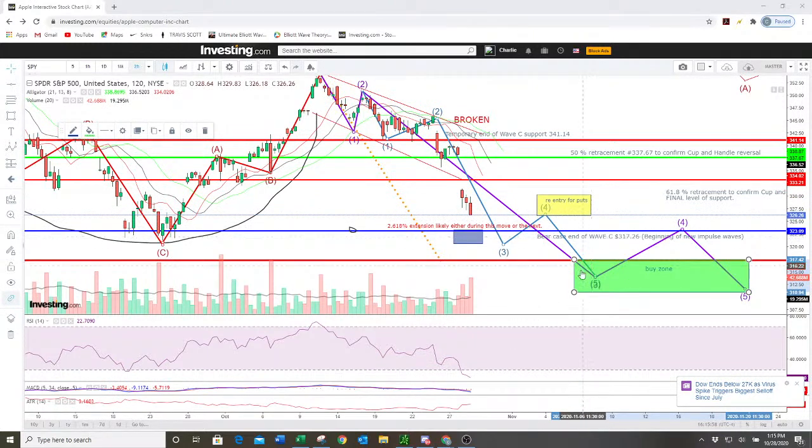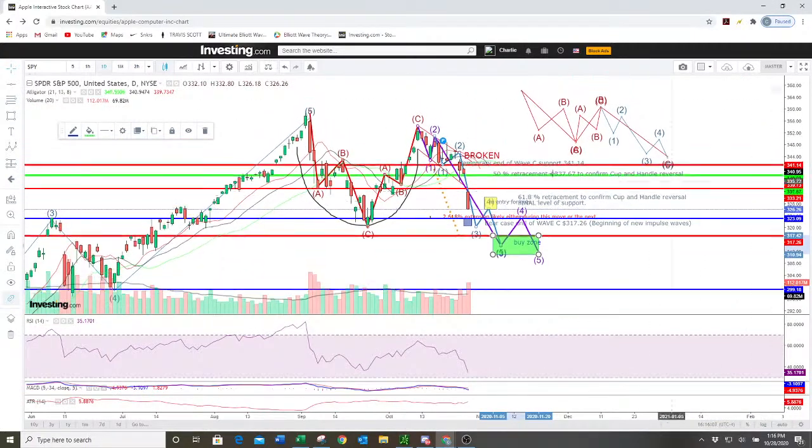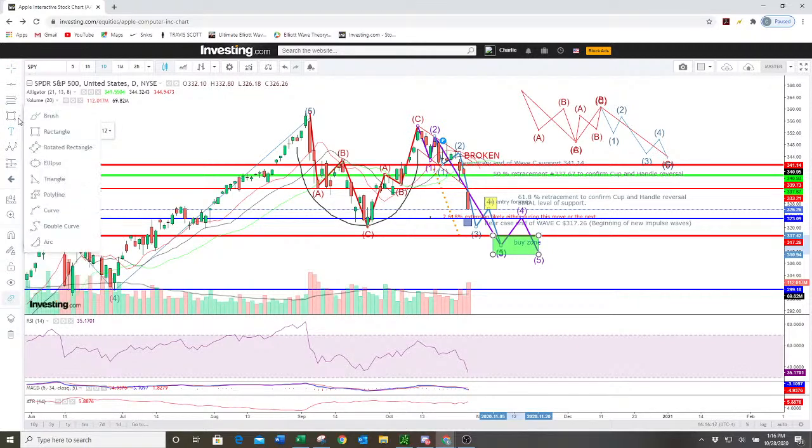So right now, we're looking at this as potentially being our buy zone. Why is that important? If we go back to the daily chart, if this is in fact a wave 5, and this is our A, B, C, our longer term correction, let's scribble this real quick so we can see.